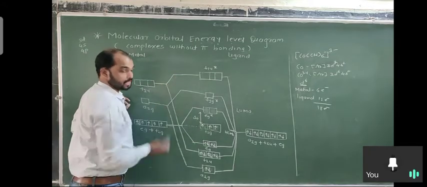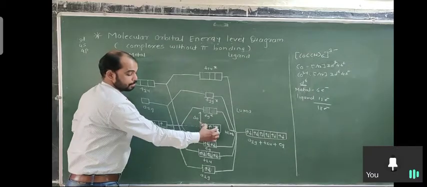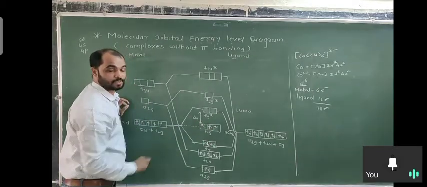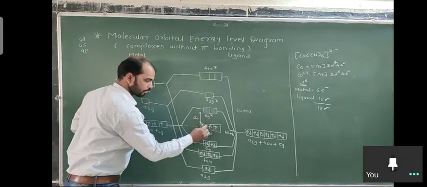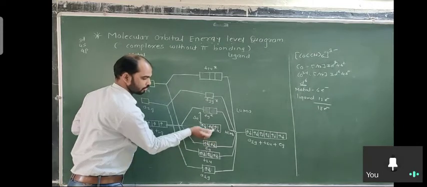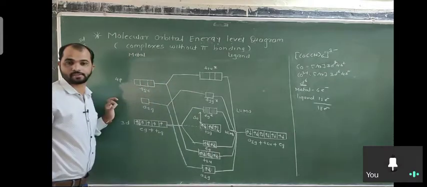So due to cyanide, this splitting gap is larger as compared to pairing energy. That means it is a strong field condition, and in strong field condition the electrons are paired here, not occupied in the anti-bonding molecular orbital.